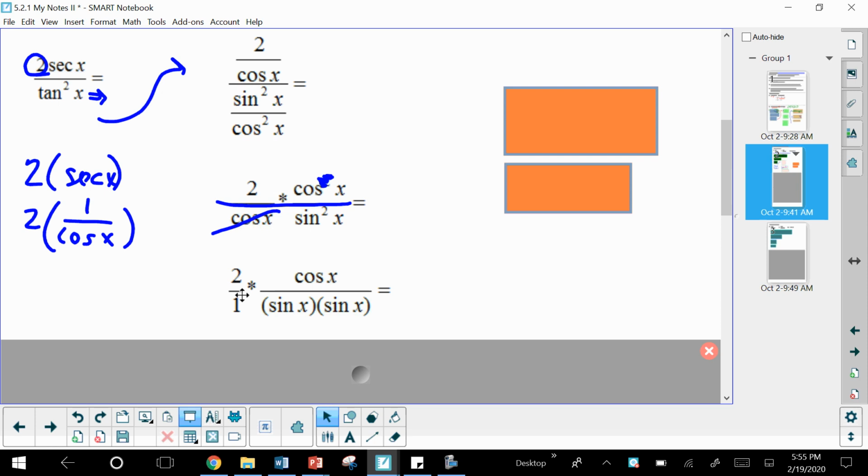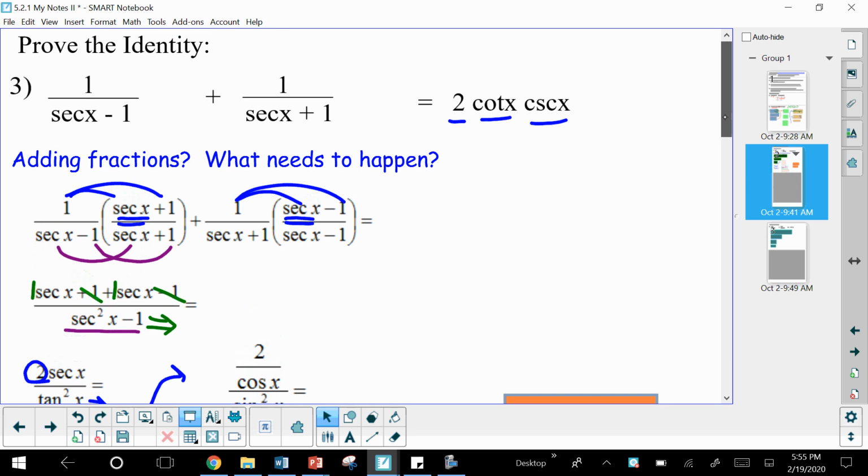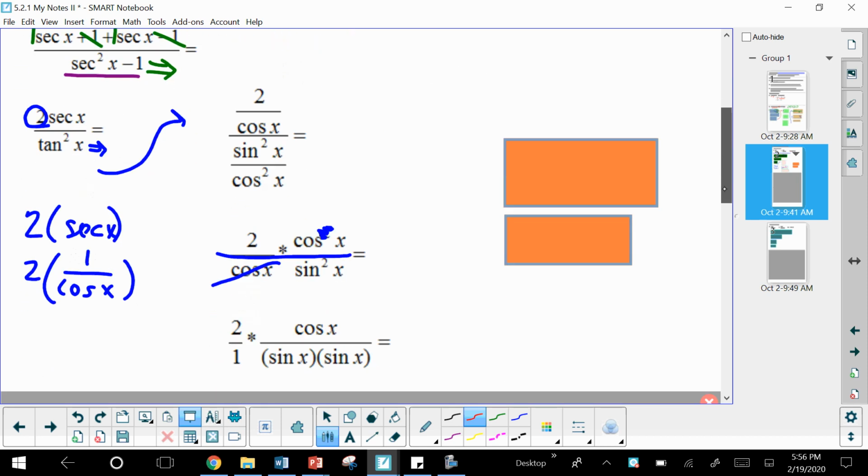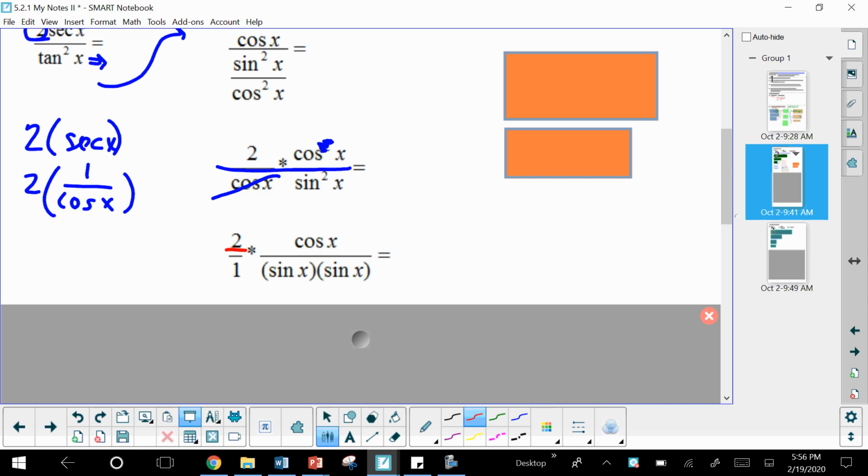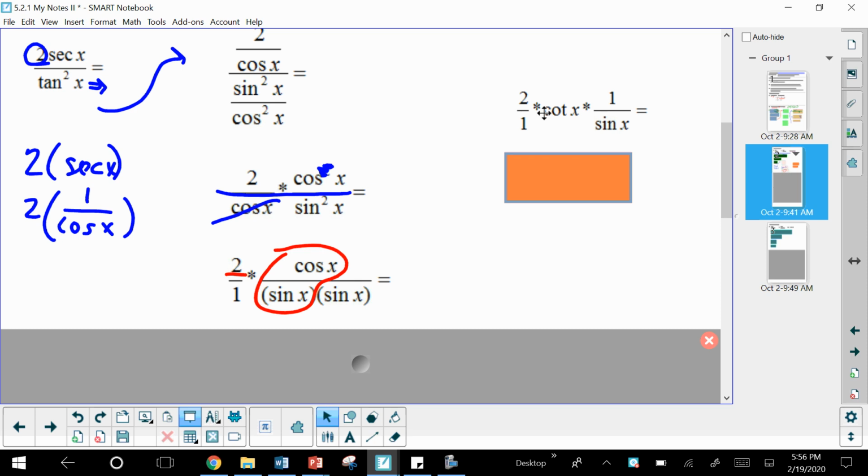All right, pause, take a breath, look at the right-hand side. We need a 2, a cotangent x, and a cosecant x. If you go back down to our problem, we still have the 2. And the reason I split that sine squared up is so that you could see this right here. That's the same thing as cotangent. So I can rewrite this, and I'm going to draw my arrow here so I know this is where I went. 2 times cotangent x times 1 over sine x.